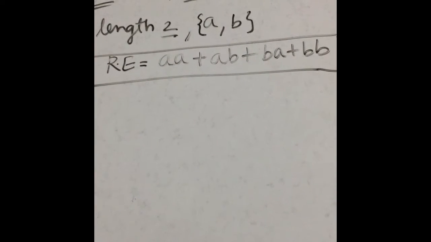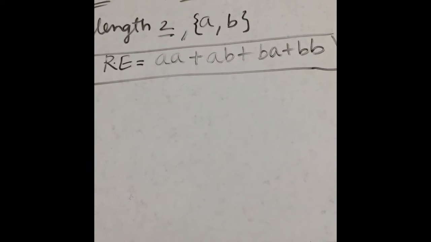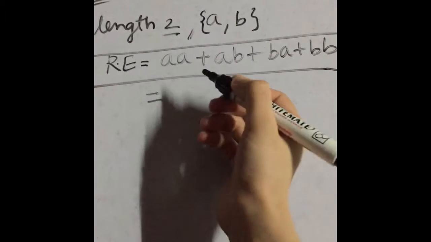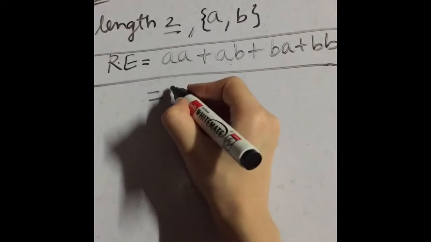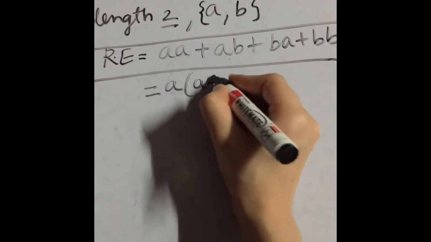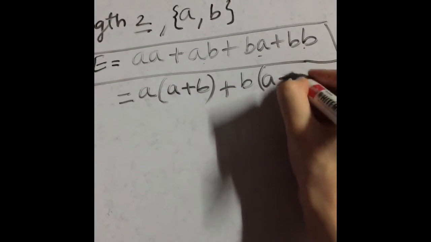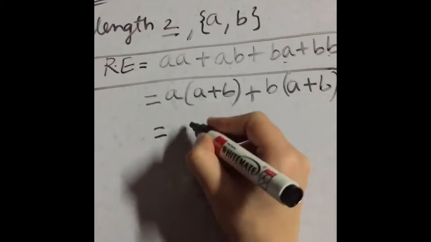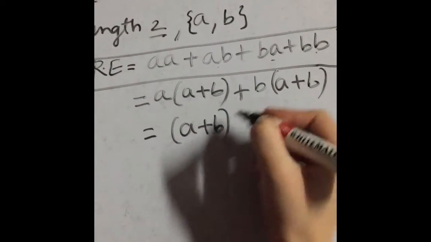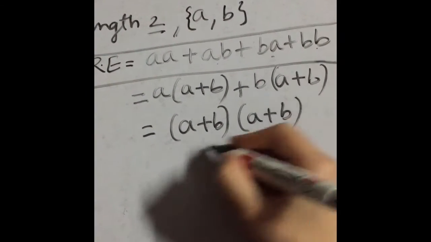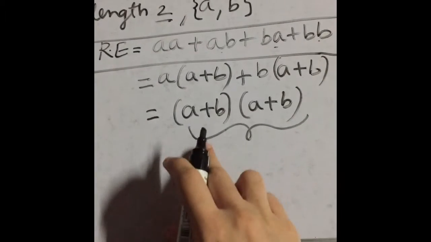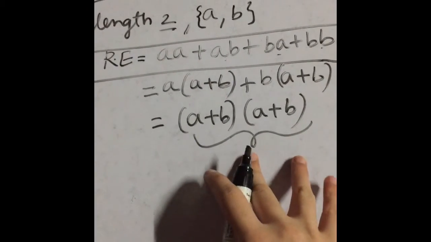And if you want to minimize it, you can take A common from these two and B common from these two, and this is the minimized regular expression.